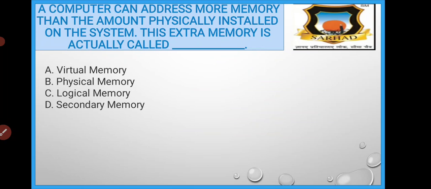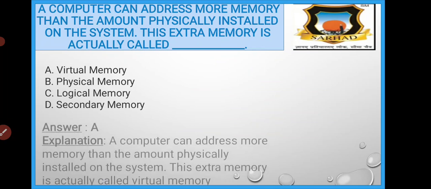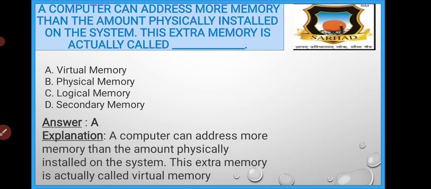Question number 3. A computer can address more memory than the amount physically installed on the system. This extra memory is actually called: option A, virtual memory; option B, physical memory; option C, logical memory; and option D, secondary memory. The correct answer is option A, virtual memory. Why?